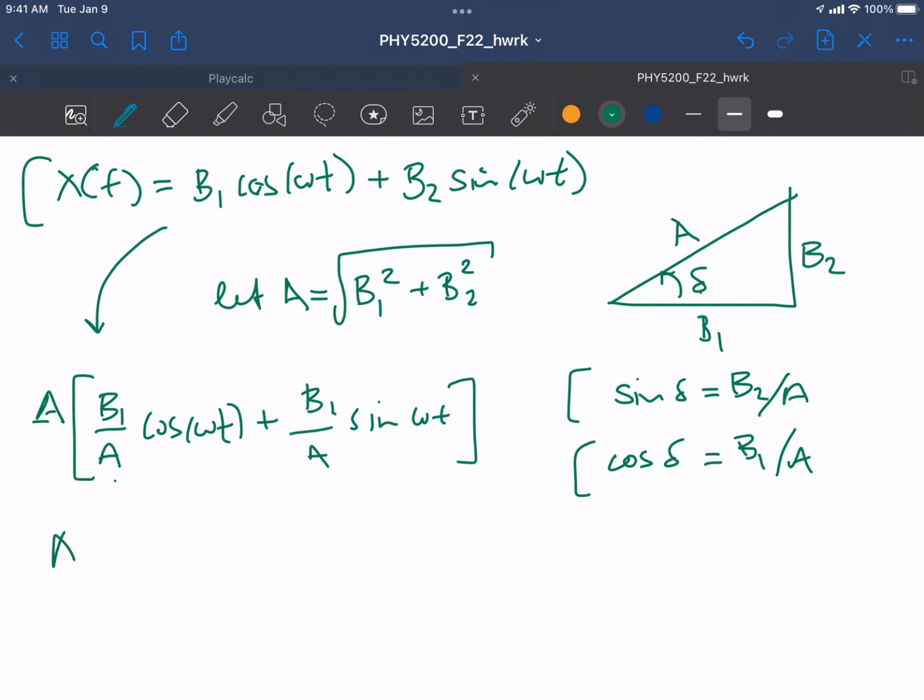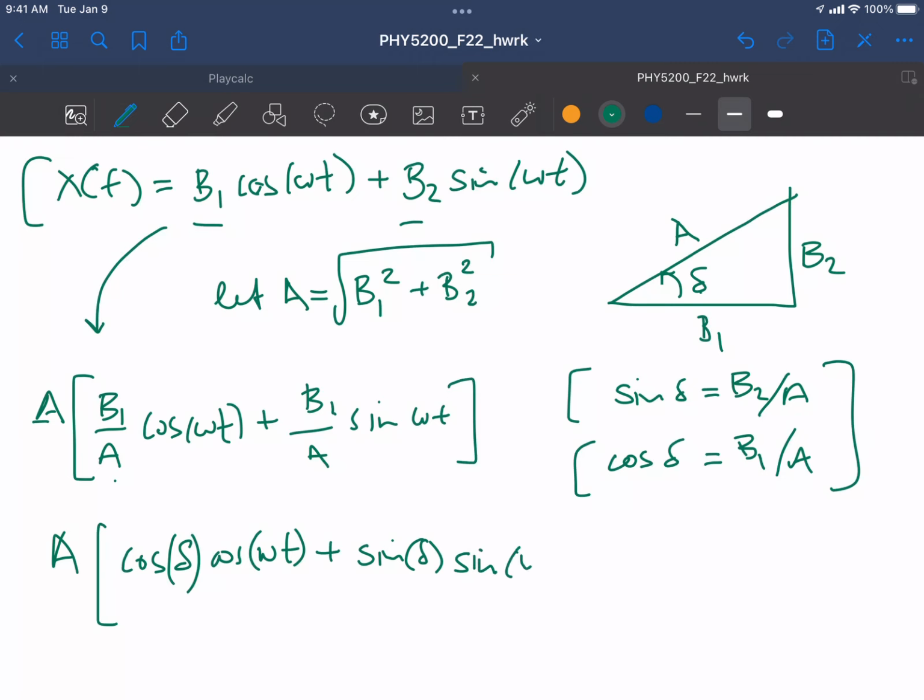So that means that this is a times cosine of delta times cosine of omega t, plus a times sine of delta times sine of omega t. And delta is just a constant, and you're going to see in a second that a and delta are excellent constants to set the initial conditions, just like b1 and b2 were up there. That's where we're going here.